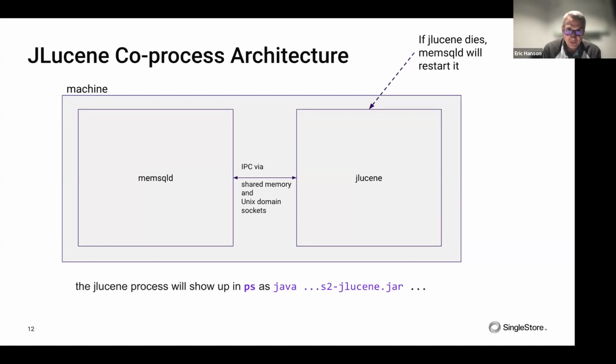Pieces of your query will get farmed out to JLucene, and those two processes communicate via shared memory and Unix sockets. Now, if you happen to be self-hosting and you want to troubleshoot, you can see s2jlucene.jar being run by Java. You can use ps to see all the processes that are running and look for that particular process. That's the JLucene process.